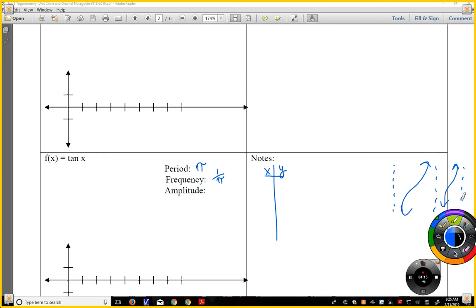So remember how amplitude was defined? Do you guys remember a little picture in the investigation? You guys had a picture like this, and it marked off a part like this, and it said that was amplitude, okay? From the middle of the wave to the top, or from the middle of the wave to the bottom, okay?